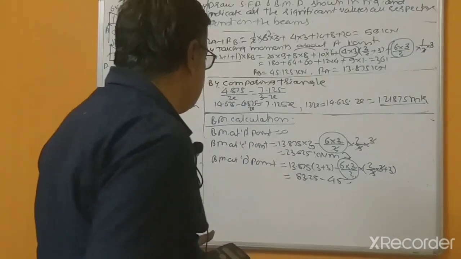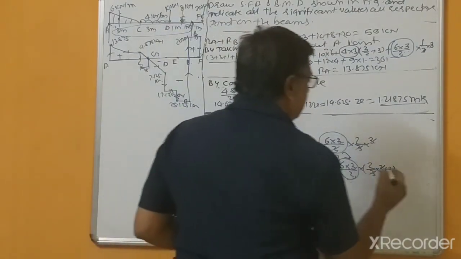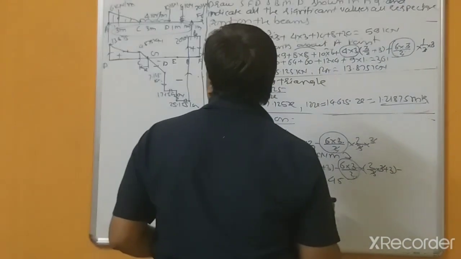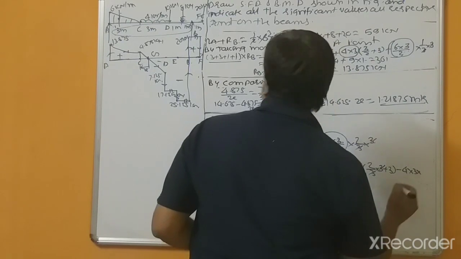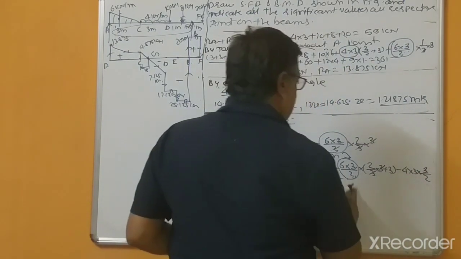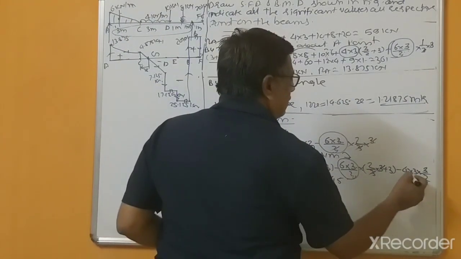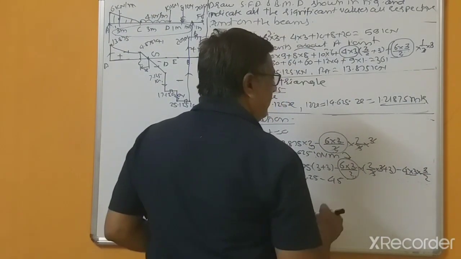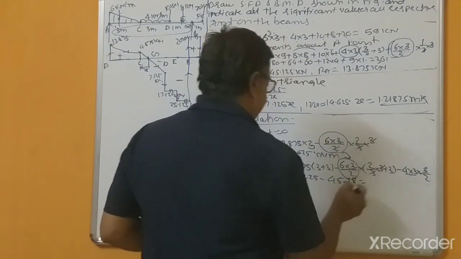Again, here is another load, uniformly distributed load, minus 4 into 3, and half of its distance means 3 divided by 2. So that's why 12 multiplied by 1.5 minus 18.